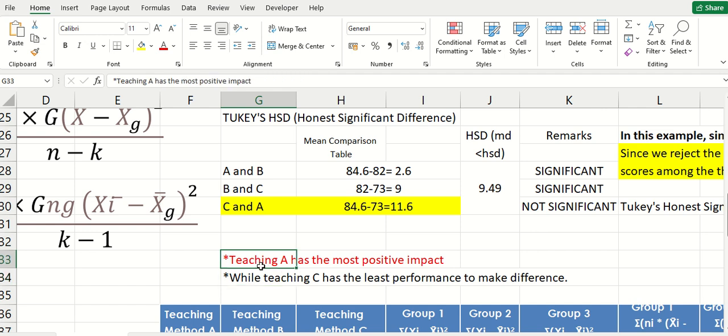So this is how you interpret it. For example, if the panelist asks you which of the three methods has the most positive impact, A, B, or C, you do a post hoc test and you will find who has the most positive impact. In our example, it's teaching method A.